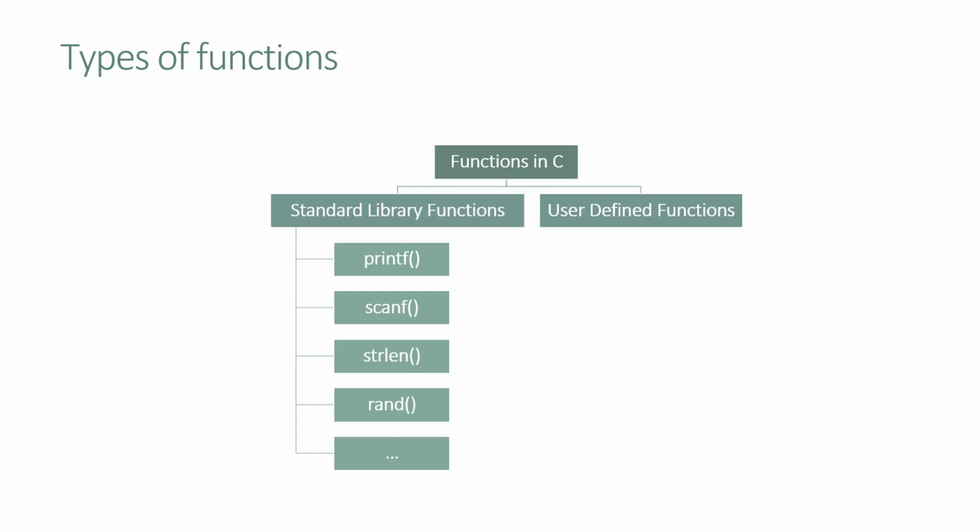User-defined functions are great because you can tailor them to do exactly what you need for your specific program. So, in a nutshell, functions in C can either be those handy pre-built ones that come with the language, or they can be the special custom ones you write yourself to handle unique tasks in your code.